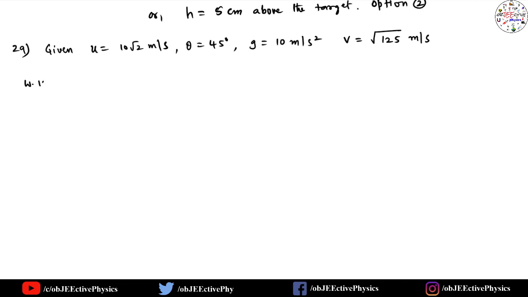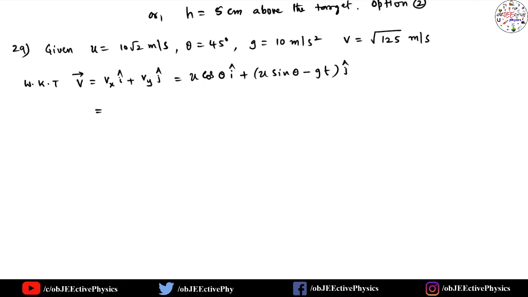So we know that instantaneous velocity v is equal to vx into i cap plus vy into j cap, or that is equal to u cos theta into i cap plus u sin theta minus gt into j cap.